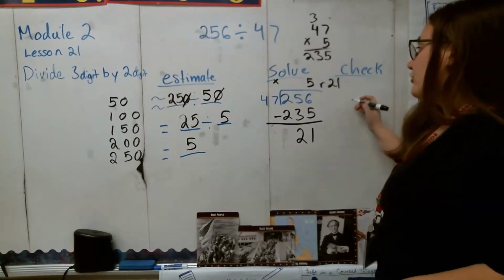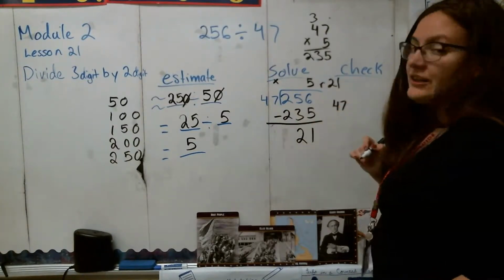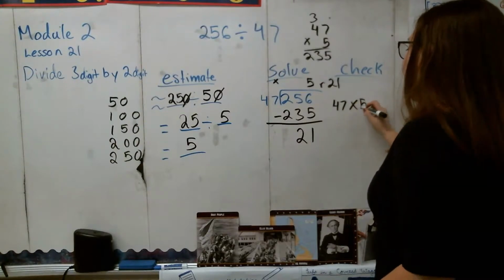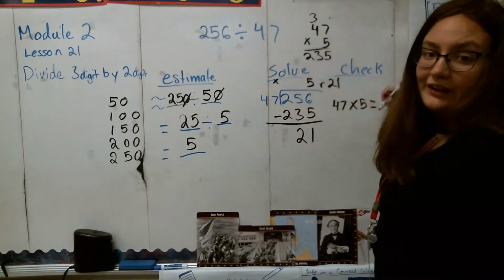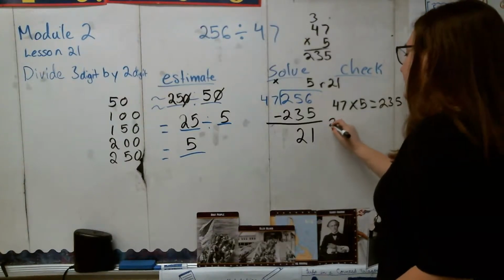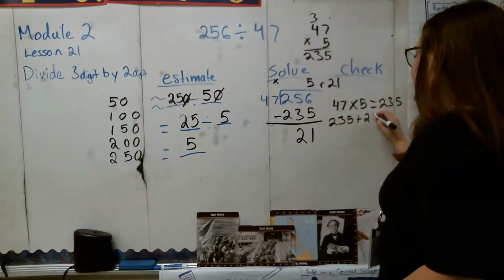And now we need to check our answer. So remember, I take my divisor, in this case 47, and I multiply it by the quotient, which is 5. We said 47 times 5 is 235. And then I take that answer, and I add my remainder of 21.